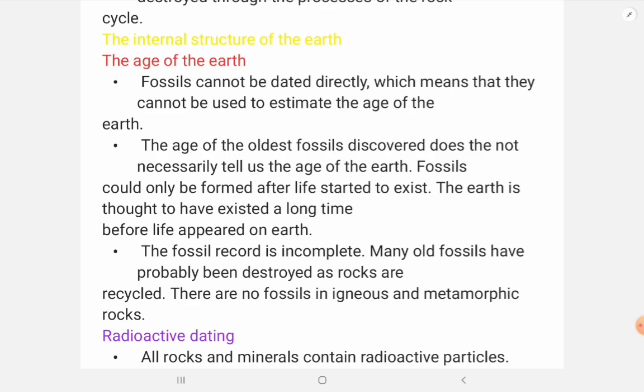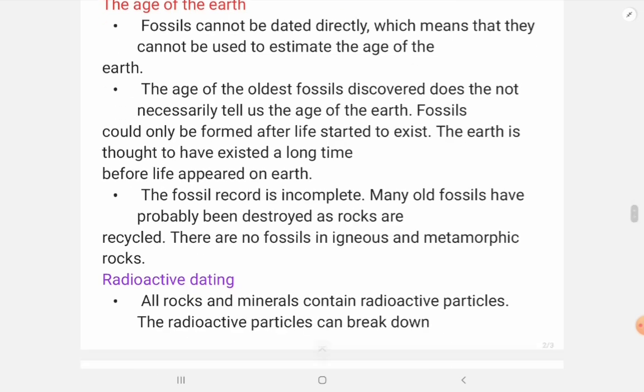Fossils could only be formed after life started to exist. The earth is thought to have existed a long time before life happened on Earth. The fossil record is incomplete. Many old fossils have probably been destroyed as rocks cycle. There are no fossils in igneous or metamorphic rocks.